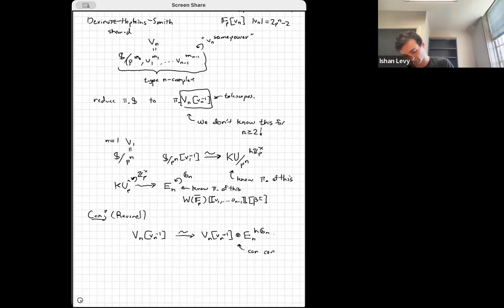Can compute pi star in principle. And so this is giving a description of the spectrum, in particular homotopy groups, in terms of something that we understand much better.